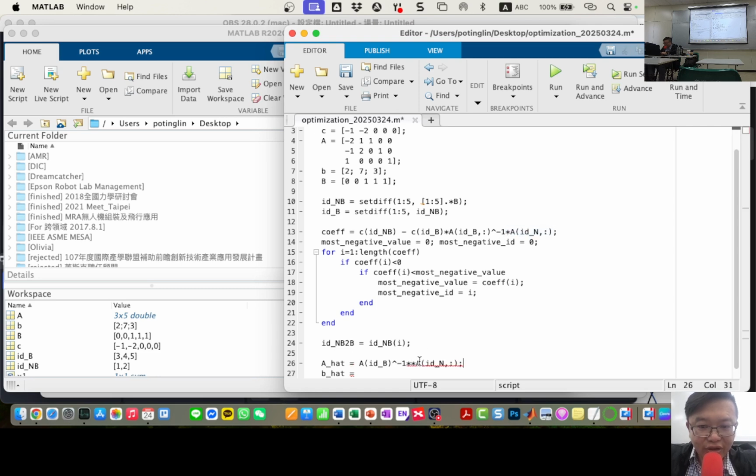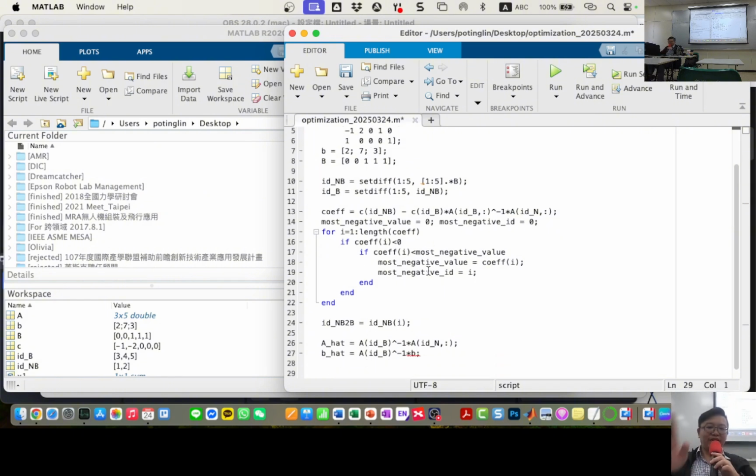This is the A hat, and B hat is basically multiplying small b. Okay, that's my A hat and B hat. But for the B hat, I only need the most important column. So the A hat J column will be the A hat, everything, and the important column. So the most important ID here, the most negative ID here, that particular column.